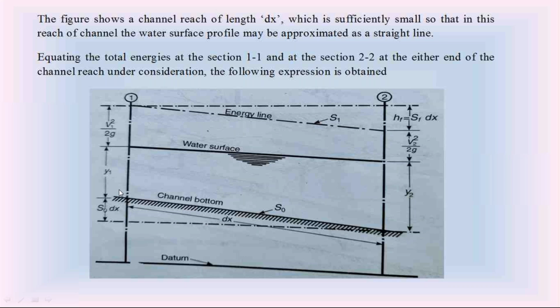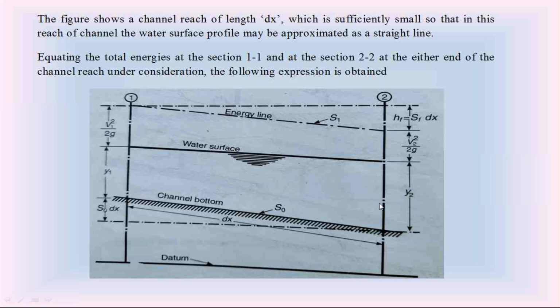So at section 1, with respect to the horizontal passing through the section 2 channel bottom, the height is s0 into dx. This is called the potential head of section 1. So at section 1 the potential head is s0 into dx, the pressure head is y1, and the kinetic head is v1 squared by 2g.